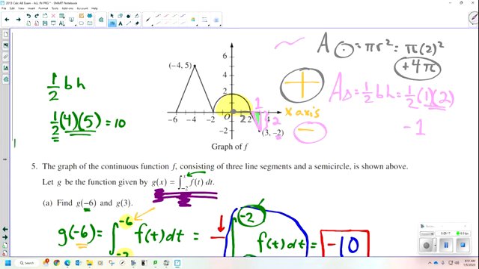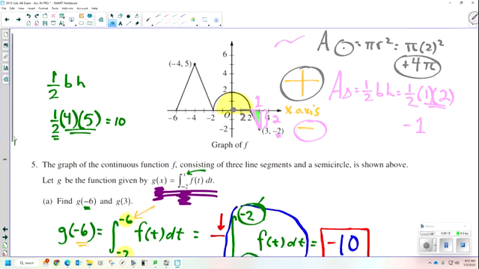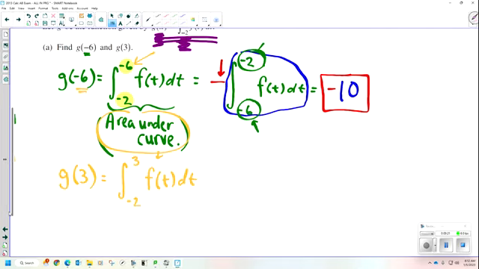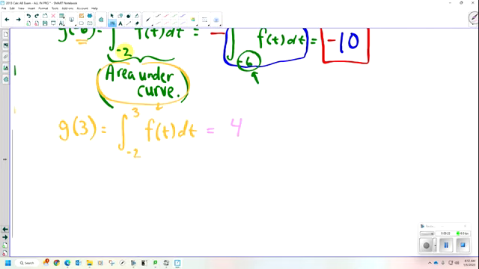So a lot of you might be saying to yourself, good, this should be 4 pi for my circle minus 1 for my triangle. But guess what? This is not 4. It's 2 pi minus 1. Did you catch it or not?